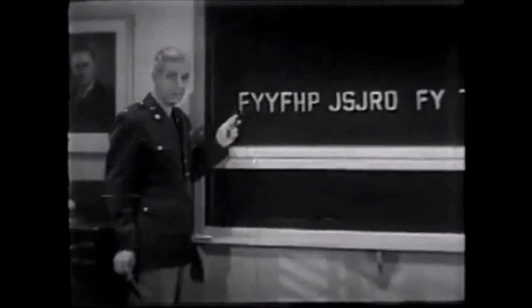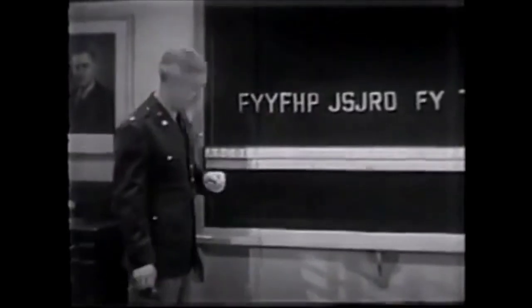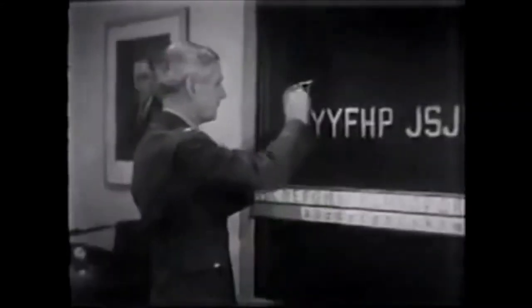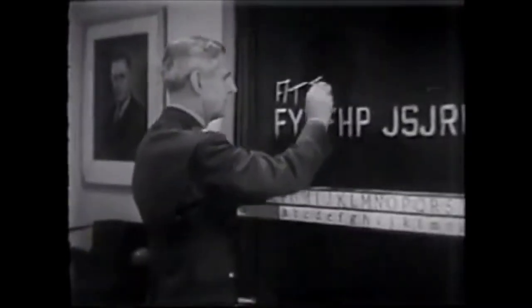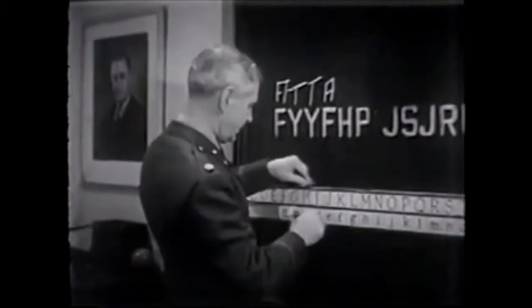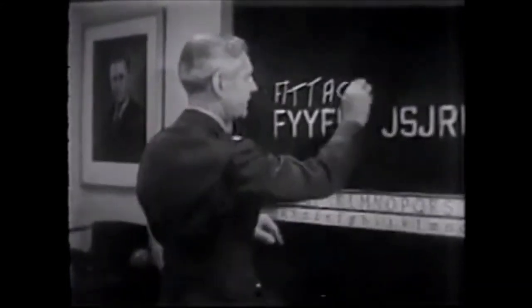Now the first word in this message is F, Y, Y, F, H, P. And by using our slides, we find that F is A. Y is T, T, A, H, C, P, K. Attack.